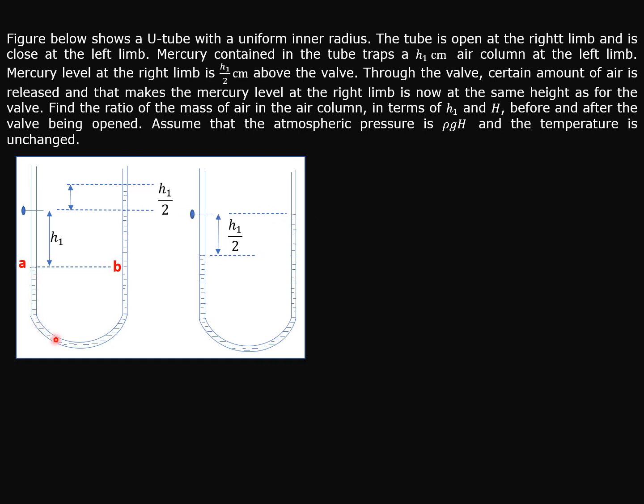Since this part of the mercury is not flowing, then we know that the pressure acting on A and the pressure acting on B downwards must be the same.